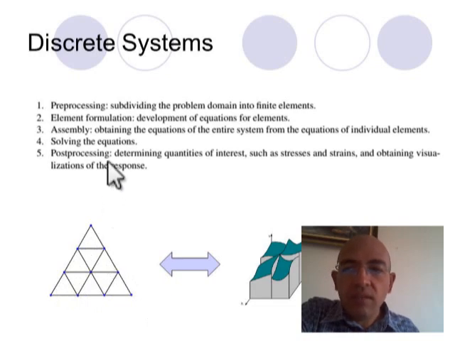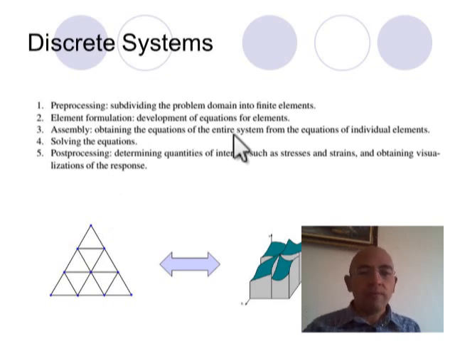As a result, we assemble the system of equations depending on the physical and mathematical rules. So that is the next step. After obtaining the entire system of equations, we solve the system of equations by using numerical methods.